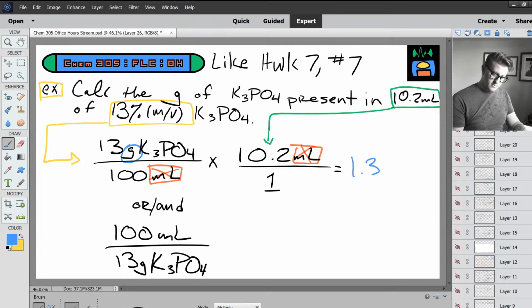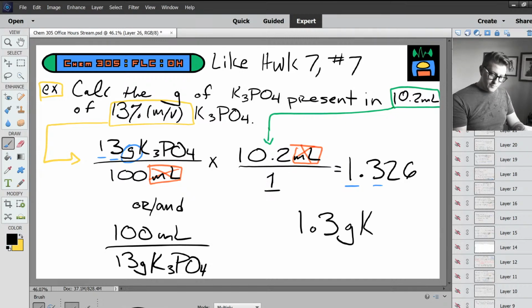It's 1.326. We can only keep 2 sig figs, right? Because our percent mass to volume only has 2, so we keep our first 2. 1.3, and our units are grams of potassium phosphate.